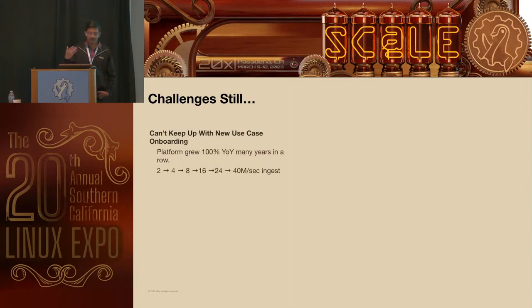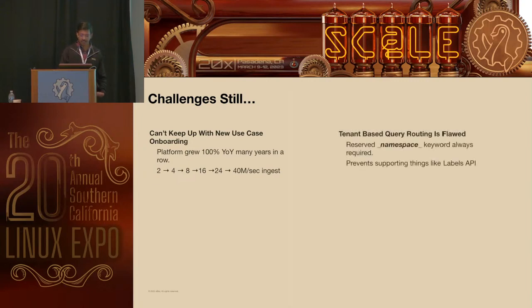So this allowed us to get to a reasonable scale, but there are still challenges in this approach. Our data growth was almost 100% year over year, for many years, in fact. So we moved from 2 million to 4 million, 8, 16, 24, and currently we are at 40 million time series being ingested every second.